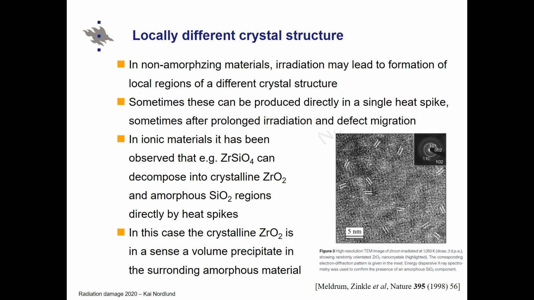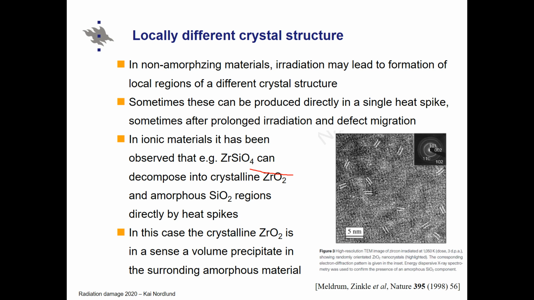A well-known example of this is work done by Steve Sinkel and others some 20 years ago in the late 1990s, where, without going into much detail, what they found is that zirconium silicon oxide, after irradiation and some high temperature annealing, can decompose into crystalline zirconia and amorphous silicon dioxide.